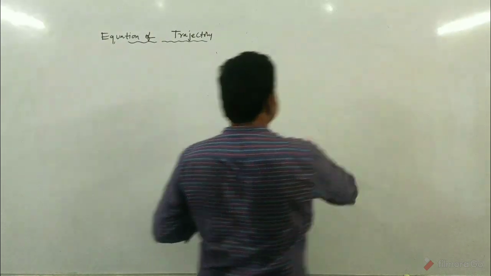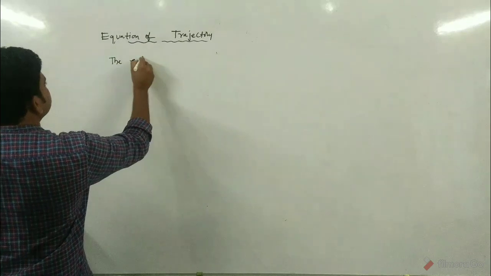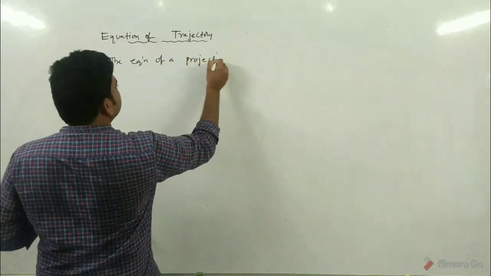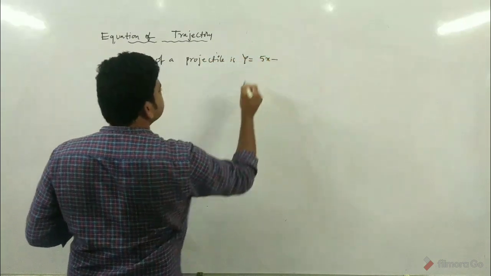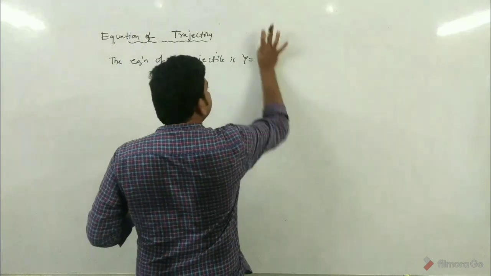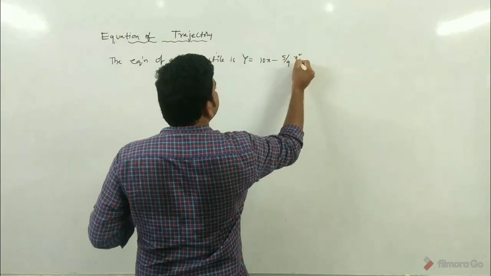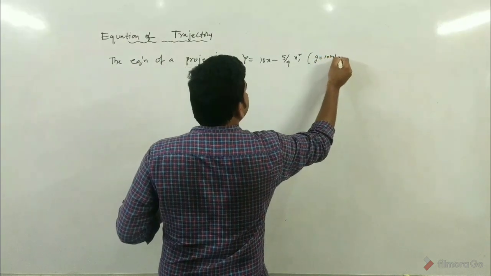And the problem is: the equation of a projectile is y equals 10x minus 5 by 9 x square, and in brackets the g value is 10 meter per second square.